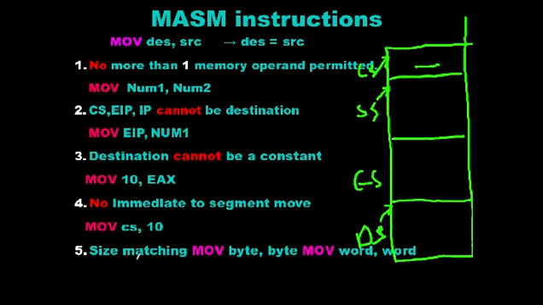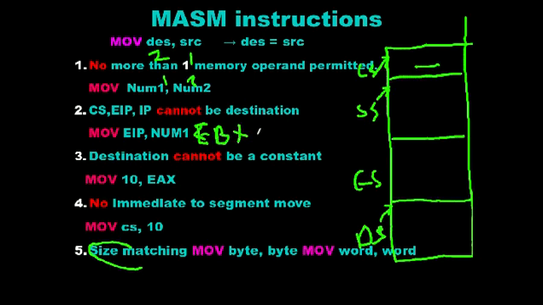A size mismatch: we have to have the operands the same size. So I need to move a byte to a byte. I can't move a byte to 2 bytes. I can't move 2 bytes to 1 byte. Meaning if I'm using EBX, I can't use AX with it.